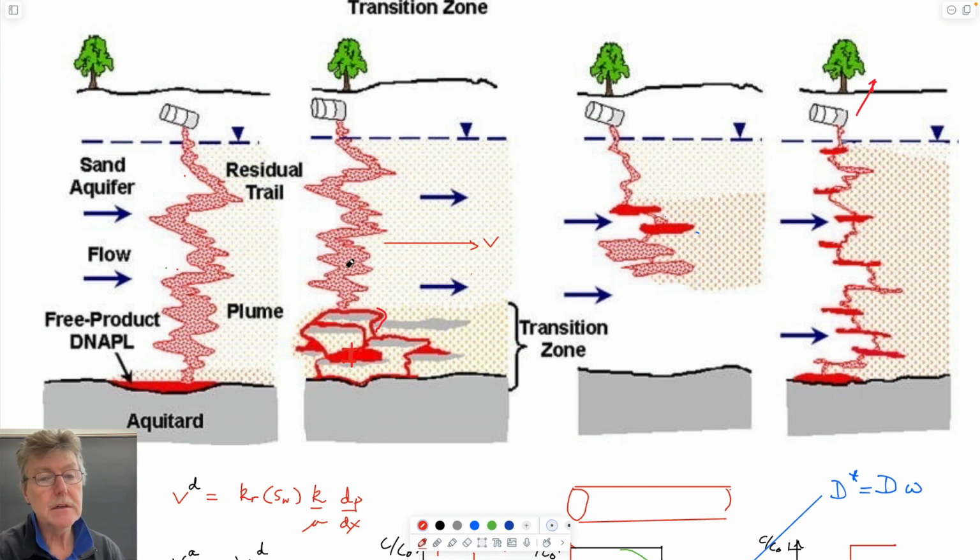But the problem is that although these things have very low solubility, the solubility is finite, and their toxicity is high at very low concentrations. So in these little cartoons, you see these stippled areas shown are just the portions of the dissolved plume that migrates downstream.